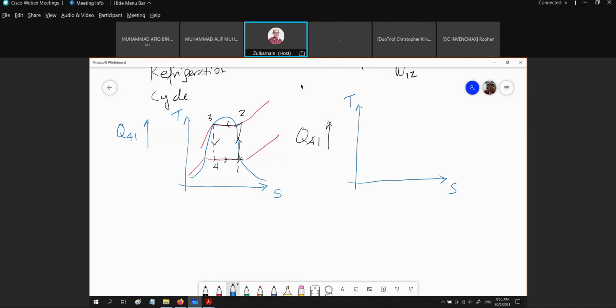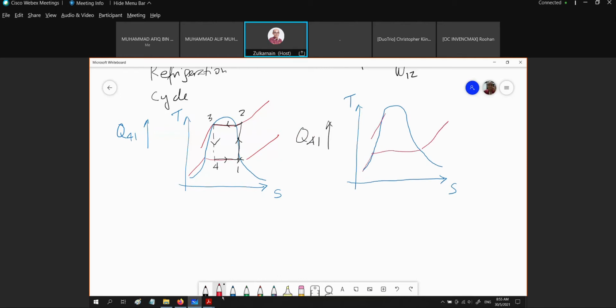Now we are going to the second method, how we can increase the Q41 by moving the point 1, or the state 1, to the right. We have moved it first to the saturated vapor. Now we are going to move it to the superheated vapor. This is the pressure of our evaporator.